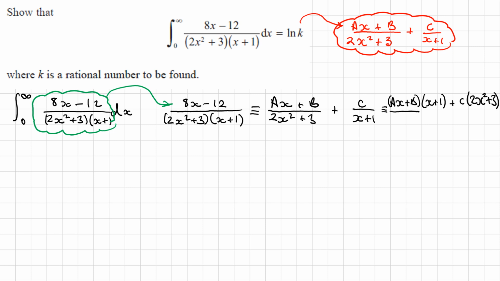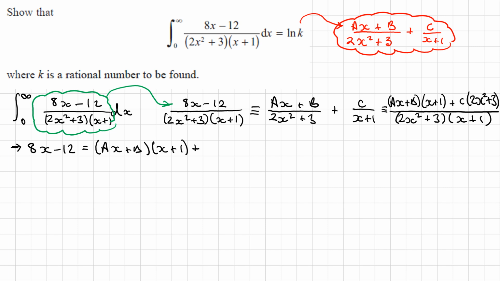And then now that can all be written over one denominator, which is going to be the same as this denominator here, 2x squared plus 3 times x plus 1. Now that the denominators are the same, we can equate the numerators. So equating the numerators gives us 8x minus 12 is equal to (ax plus b) times (x plus 1) plus c times (2x squared plus 3).